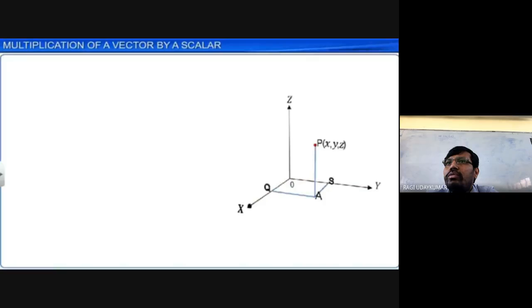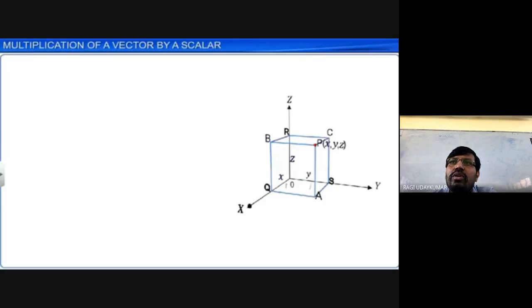And A to Q is y and A to S is x. If you drop that perpendicular, you are going to get a cuboid here. P to A is actually z, sorry. P to A is z. Okay, and here O to Q is x, O to S is y, and O to R is z. O to R is z means P to A is also z only.